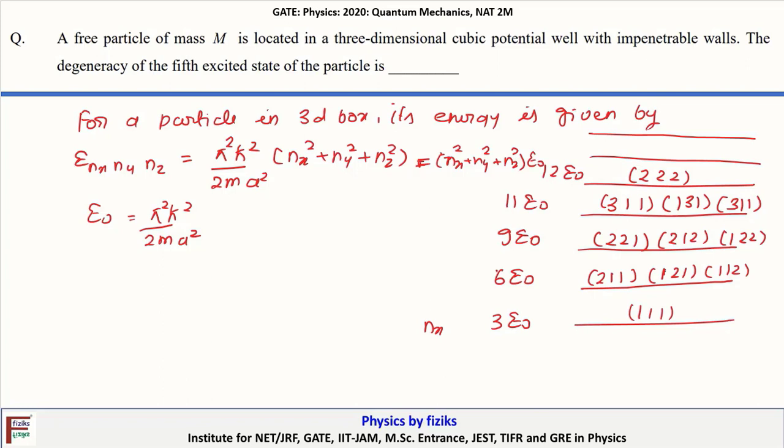Next state would be 1, 2, 3. And energy in this state would be 14 E0.